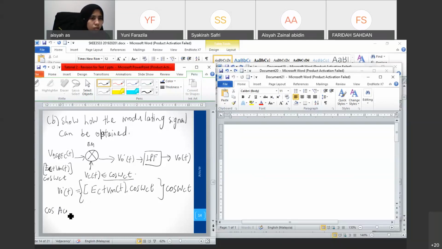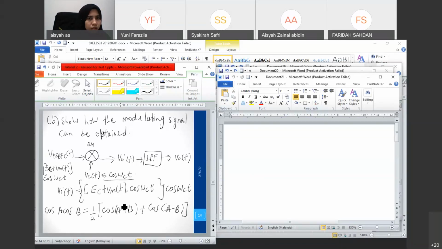Cos A cos B equal to 1 over 2 cos A plus B plus cos A minus B. Okay, this is the concept.